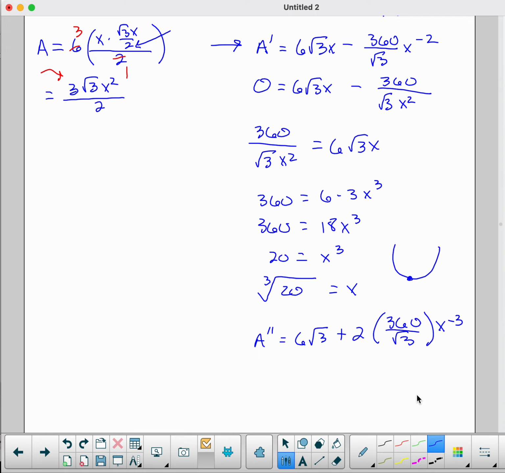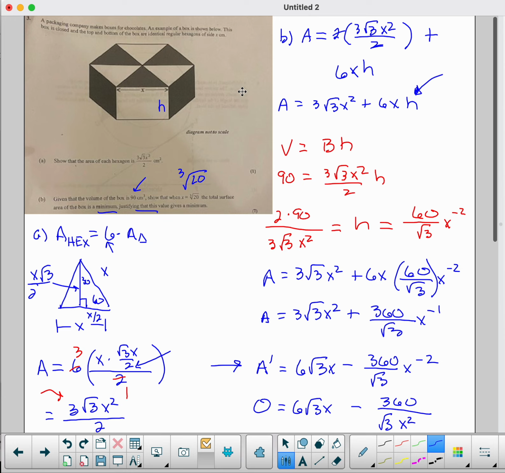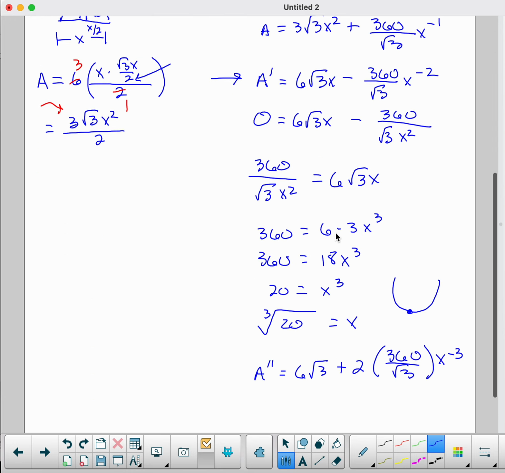That will always be positive. 6 root 3 plus 2 times 360 over root 3 is always going to be positive, because with the dimensions of the box, with cube root 20, it's always going to be positive.